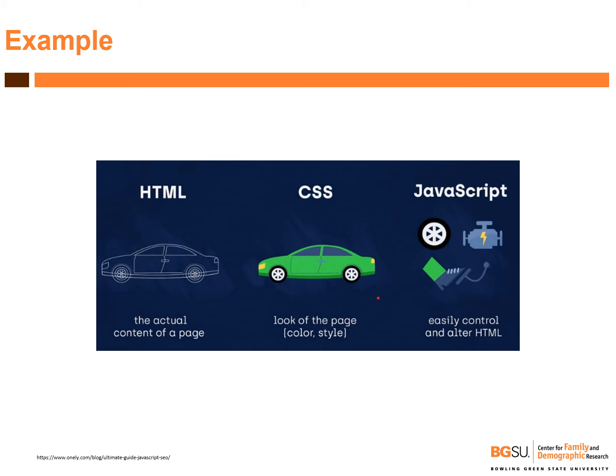That is the content. After that, we would like to make the car more appealing by providing some color, design, and style. This is the job of CSS. Finally, we have a colorful, stylish car. But it needs to function as a car, right?